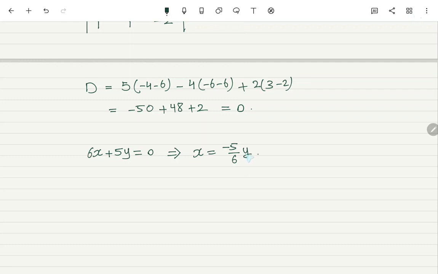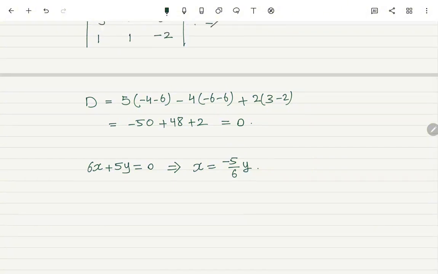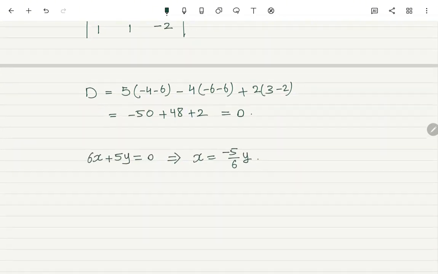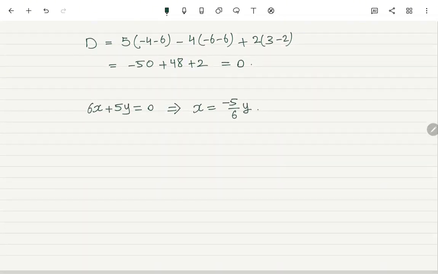Now, if we substitute this x in the first equation right here, you will get minus 25 over 6 y plus 4y plus 2z equal to 0.